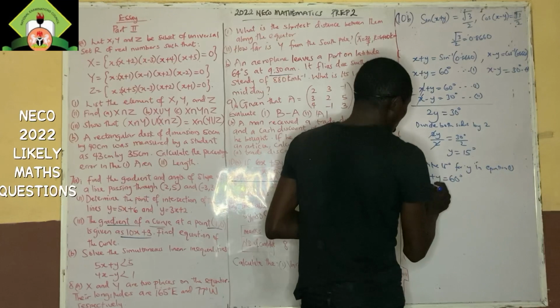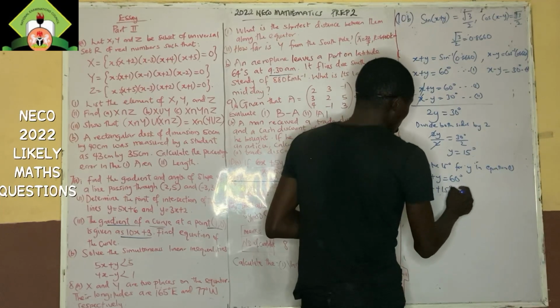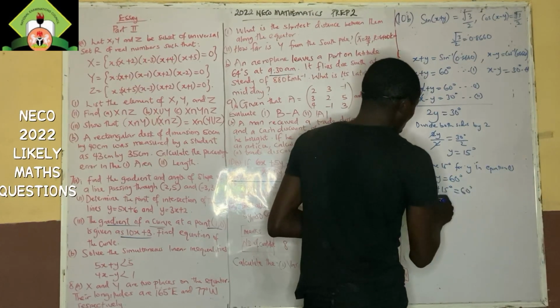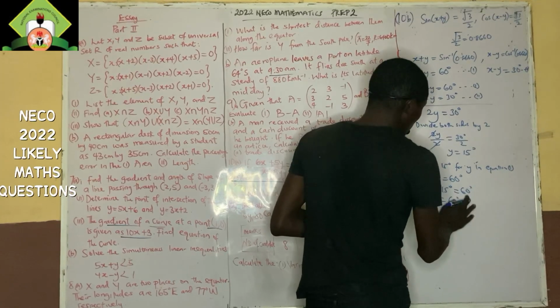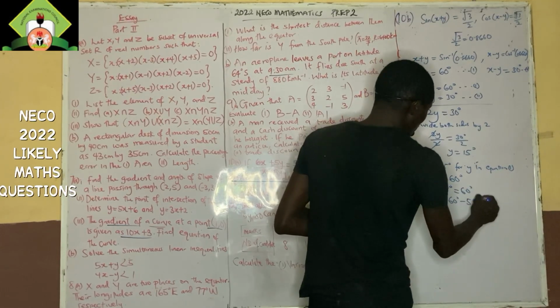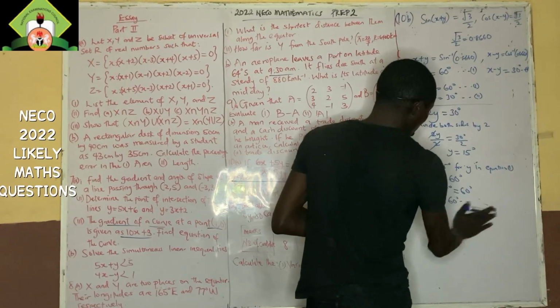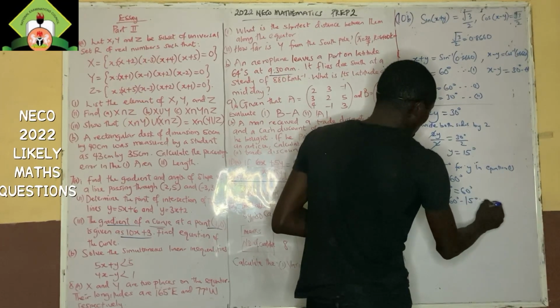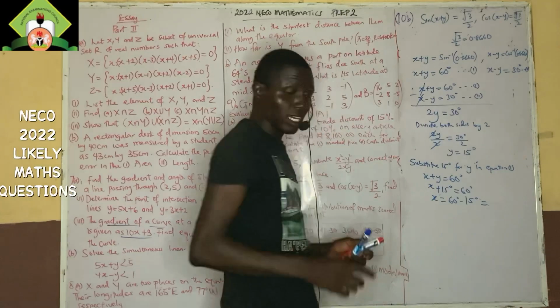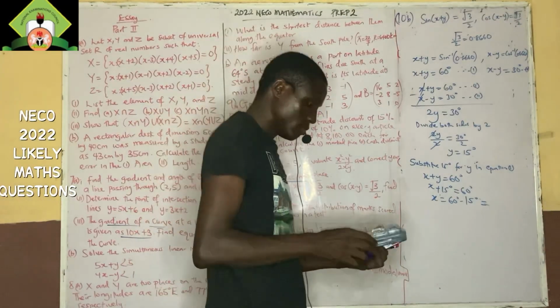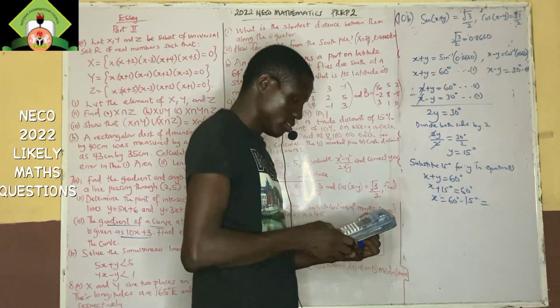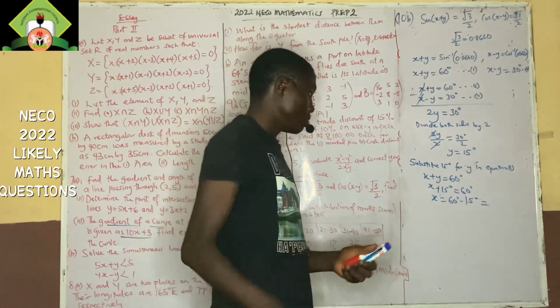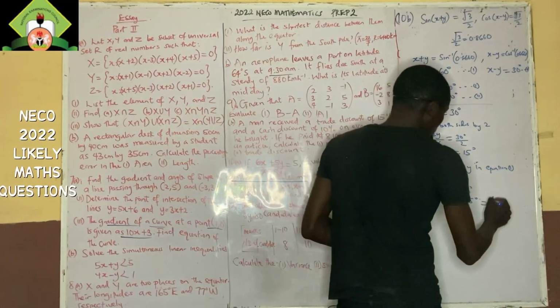So we have x plus 15 degrees equal to 60 degrees. So x is equal to 60 degrees minus 15 degrees. 60 minus 15, that should be 45. But let's check. 60 minus 15, that's 45 degrees.